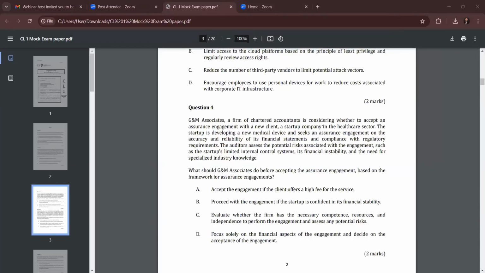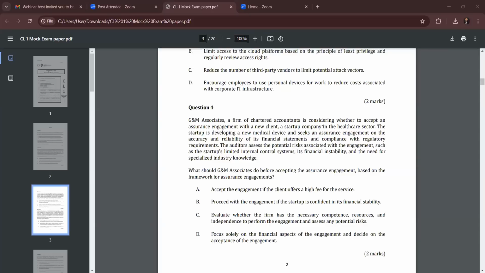A new client, a startup, a new business, students, in healthcare. The startup is developing a new medical device and seeks an assurance engagement on the accuracy and reliability of its financial statements and compliance with regulatory requirements.